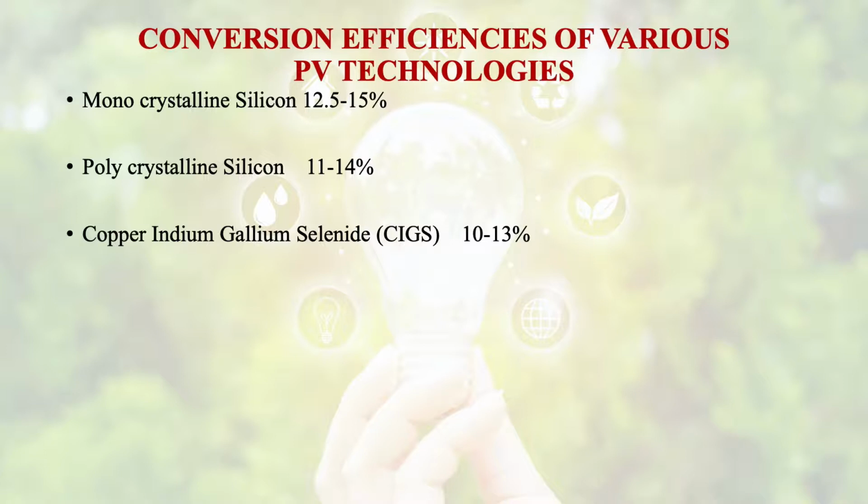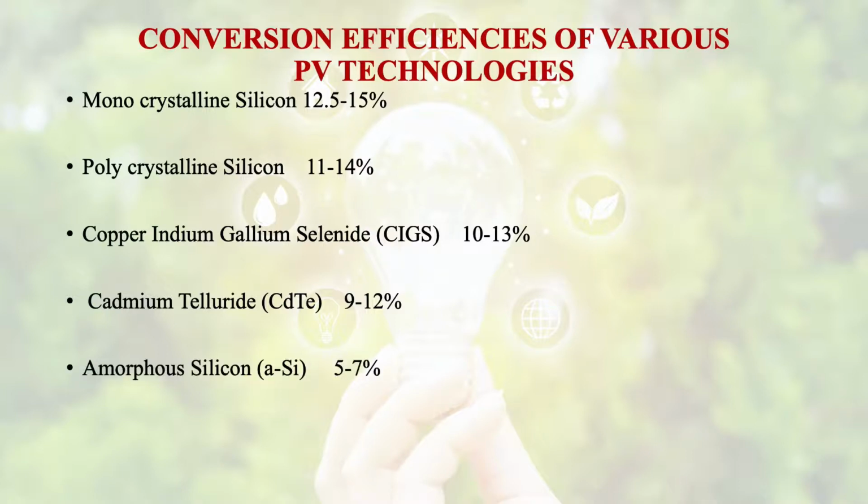Then the cadmium telluride kind of cell is 9 to 12%. Multi-junction cells are also there. Then the amorphous silicon cell has 5 to 7% efficiency. So various kinds of cells are available in the market, and they are used as per the required application.